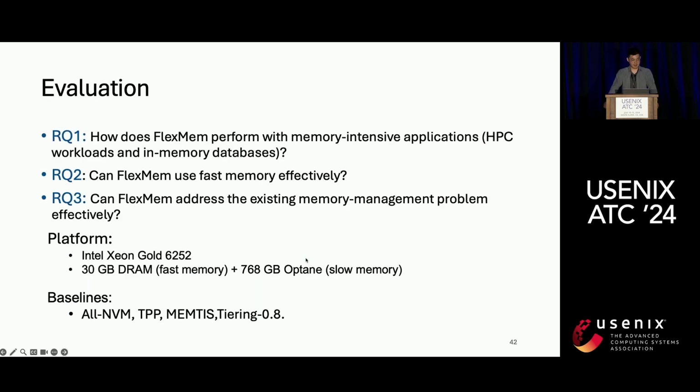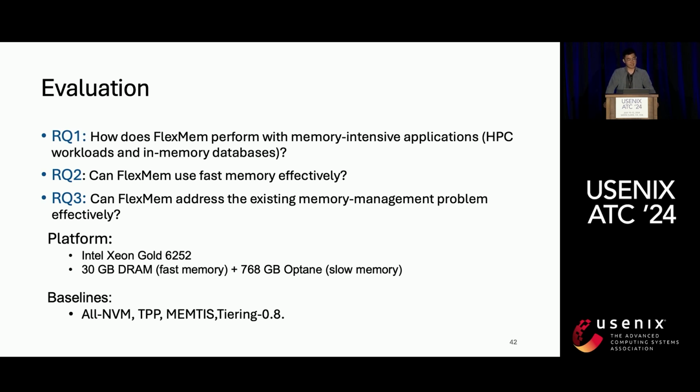So now let's talk about evaluation. In the evaluation section, we want to answer three questions. The first, how does FlexMem perform with memory-intensive applications, such as HPC workloads and in-memory databases? Second, can FlexMem use fast memory effectively?